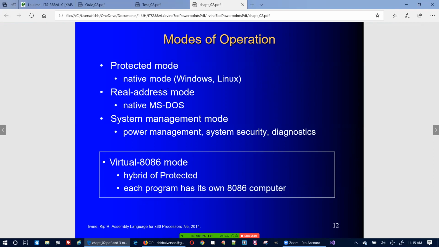Real address mode is when you are actually emulating the old MS-DOS processors.